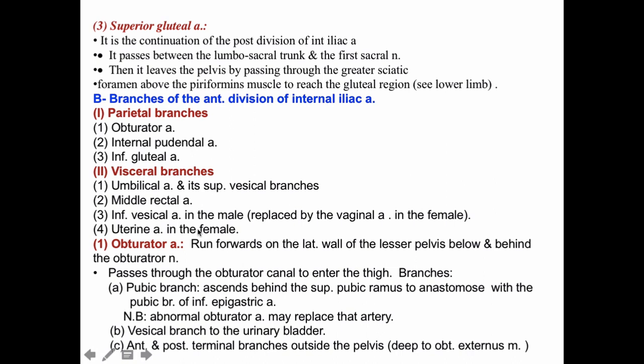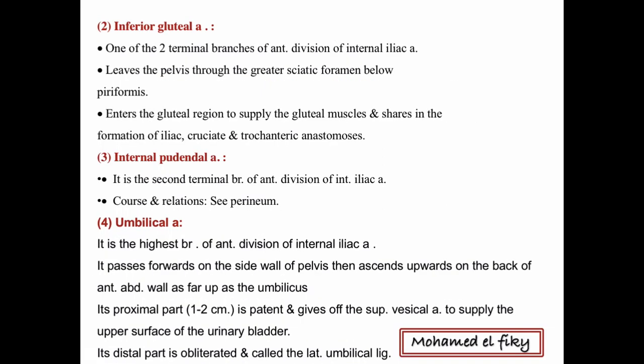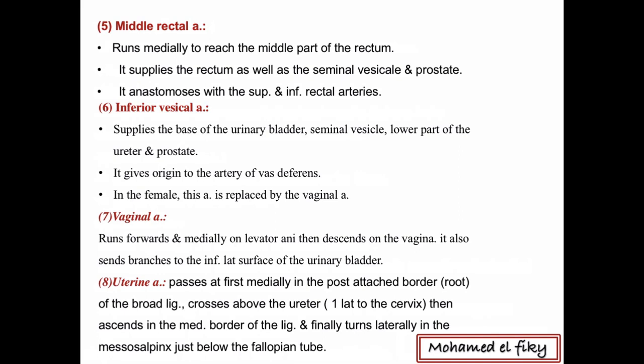The uterine artery is present only in the female. You must know the parietal and visceral branches, just names, and also the first branch, the umbilical artery and superior vesical, and obliteration of the umbilical artery after it gives the superior vesical. This is the details.